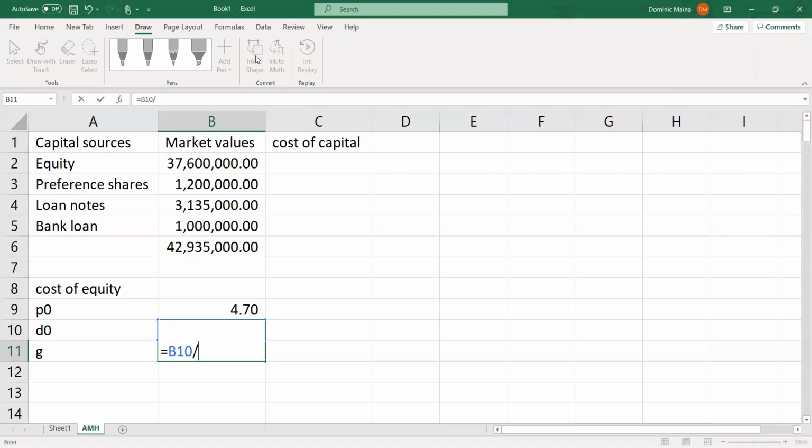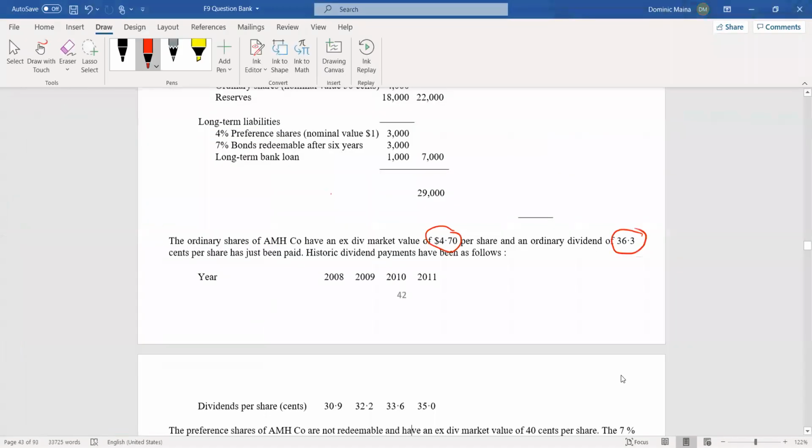Let me just refer because I can't remember how much it was. It was 30.9. So g is going to be D 2012 divided by D 2008, to the power of a quarter, minus 1, to get the growth in the dividend over those 4 years.